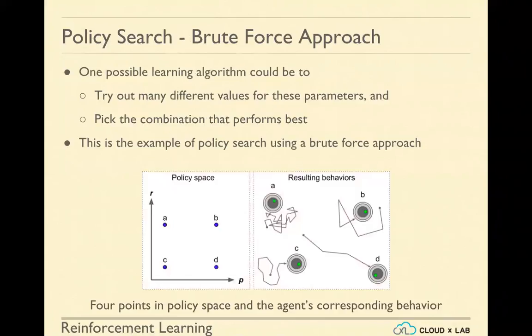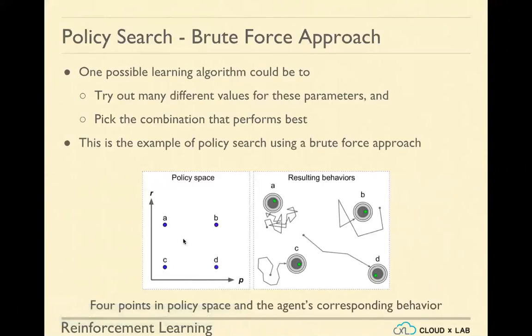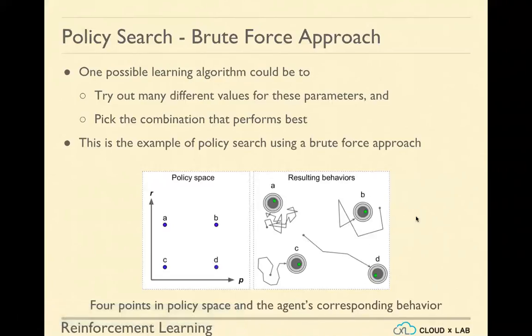Let's say there are two parameters, P and R, and these are the various values of P and R possible. The brute force approach could be either this, could be like this, could be like this, and so on. Brute force is trying all permutations, either randomly or in a certain sequence.